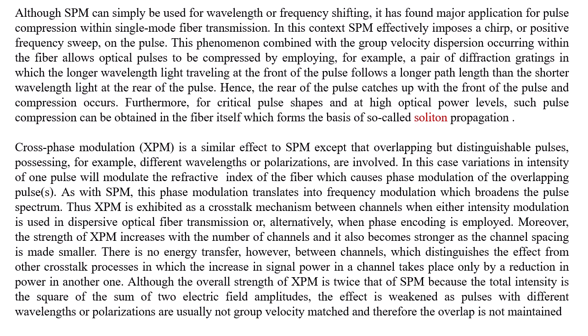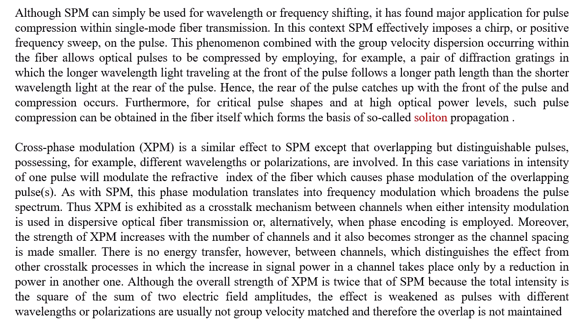Moreover, the strength of the cross-phase modulation increases with the number of channels, and it also becomes stronger as the channel spacing is made smaller. There is no energy transfer, however, between channels, which distinguishes the effect from other crosstalk processes in which the increase in signal power in a channel takes place only by a reduction in power in another one.